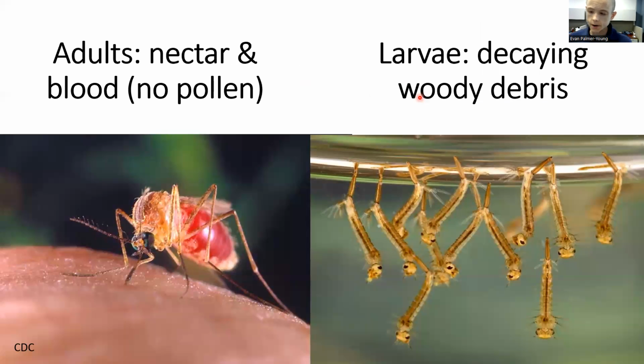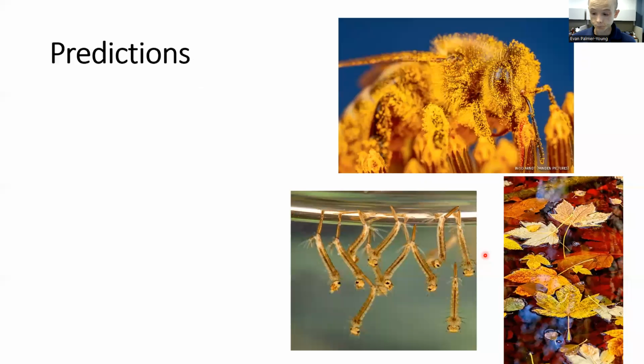And with respect to diet chemistry, although mosquitoes do feed on nectar, they rely on blood rather than phytochemical-rich pollen for amino acids as adults. On the other hand, larvae are exposed to considerable levels of phytochemicals in the debris-filled ponds where mosquitoes breed, and the larvae sometimes browse on decaying vegetation directly.